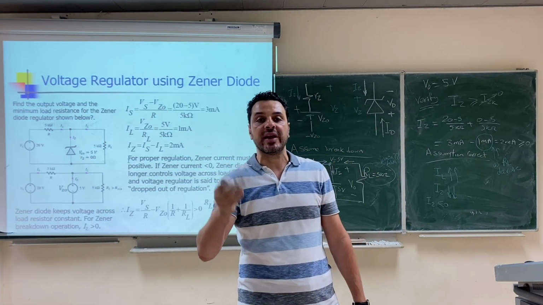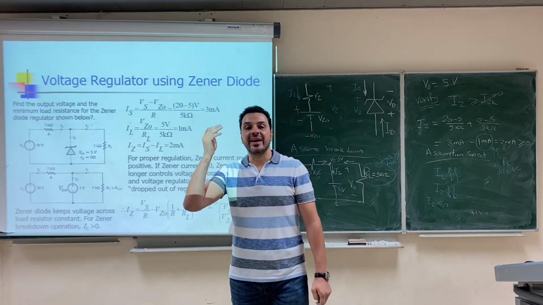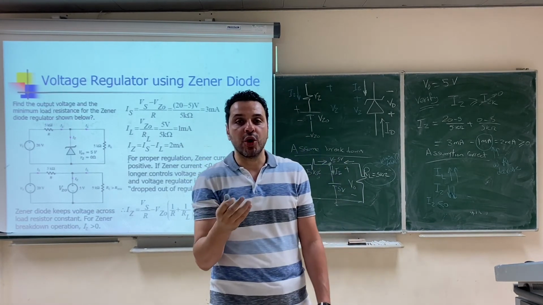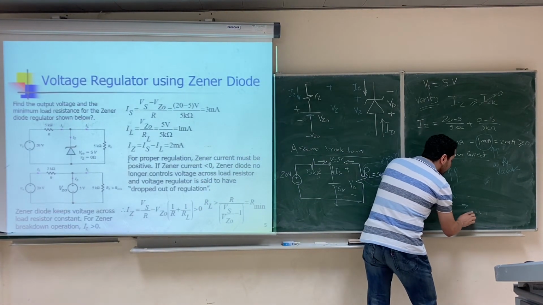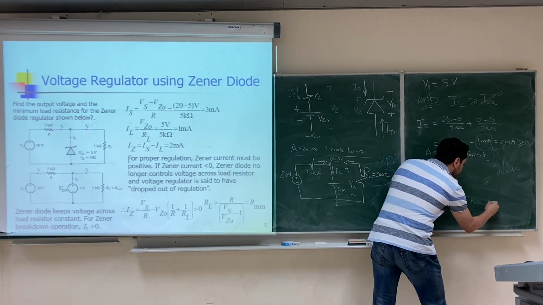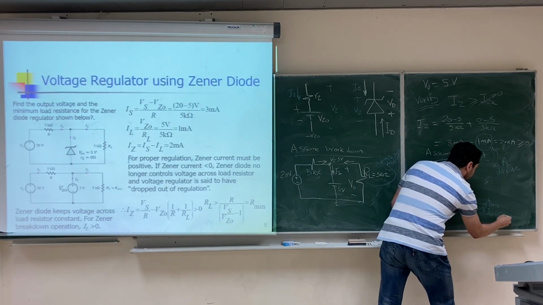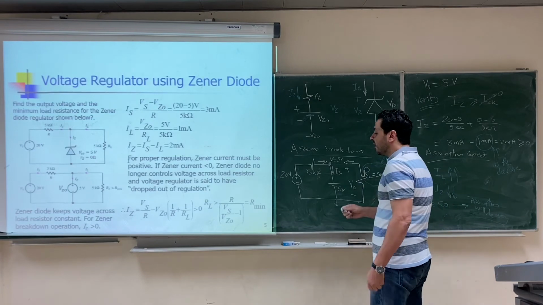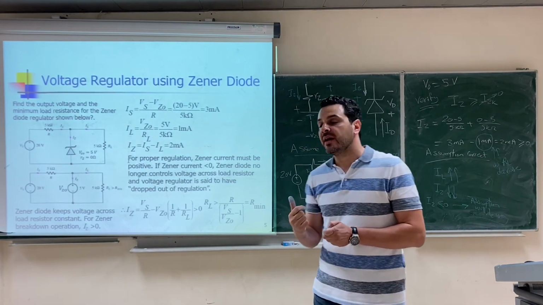Your assumption of the Zener diode being in the regulator mode will be wrong. In this case, if you reach this value, this assumption will be wrong. So this is an explanation of why we have a minimum R.